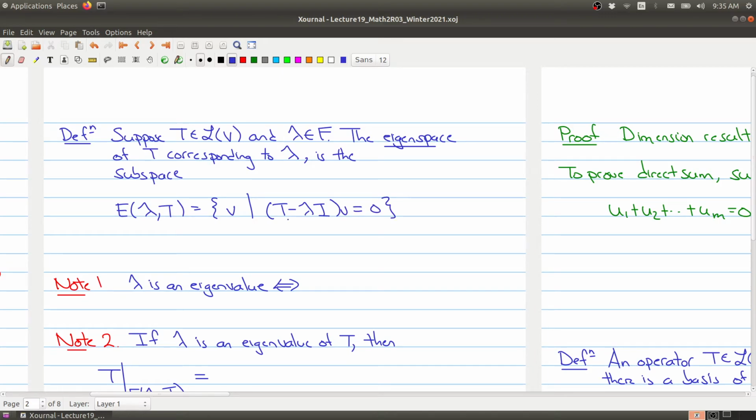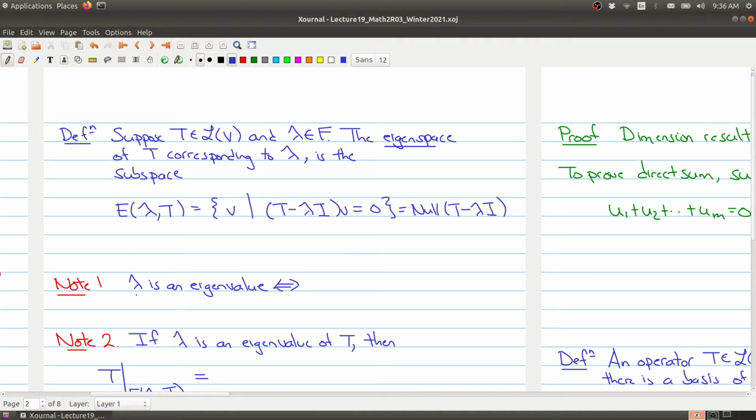So I'm making an operator from T and the number lambda, and looking for everything killed by it. Another way of thinking about it is the null space of this operator. Obviously, the zero vector is always inside because it's a null space, but the question is, what else could be in there?